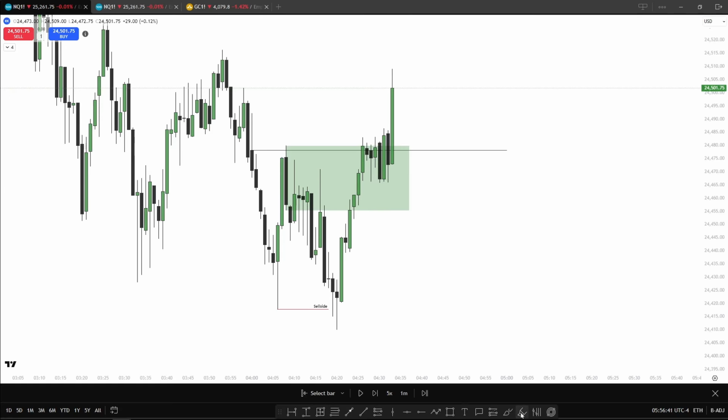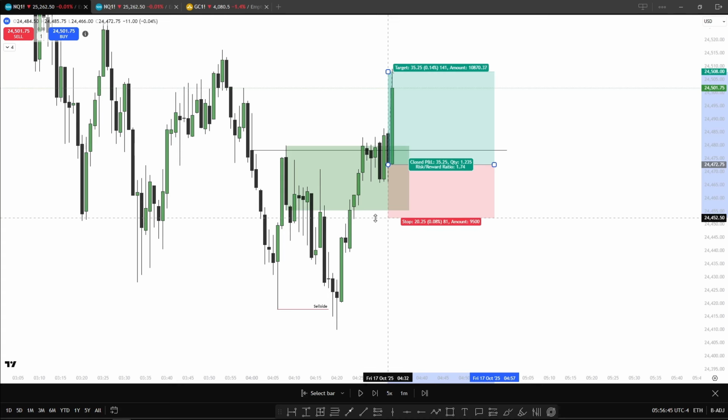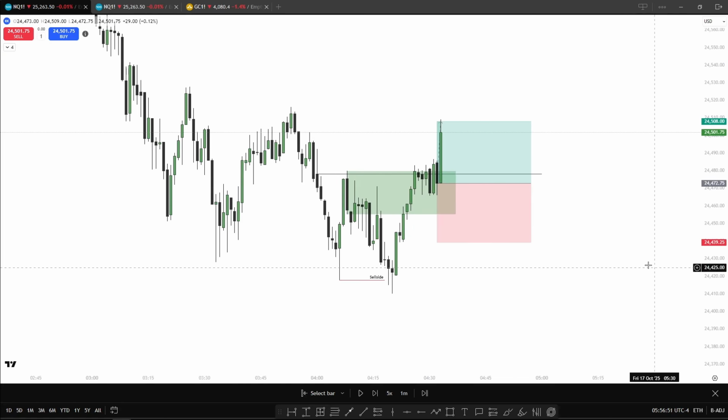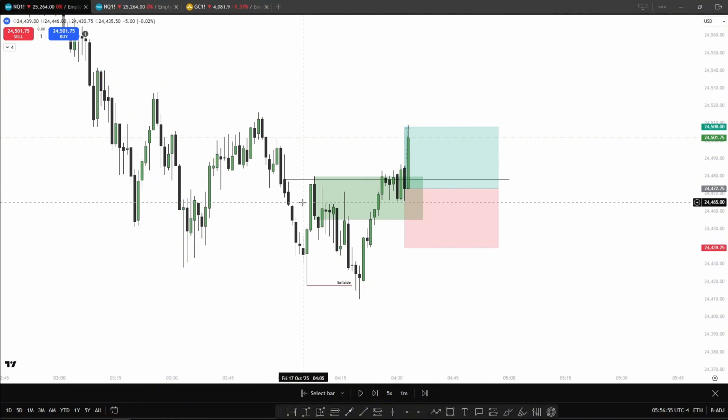So you could have entered on the close of 432, with a stop just beneath the breaker. You could have had it at this breakaway gap. Up to you, really. Not too big of a deal because we know that this breaker is going to hold. Because this was very specifically engineered in a way that this will be a major algorithmic reference point in the future. Okay?